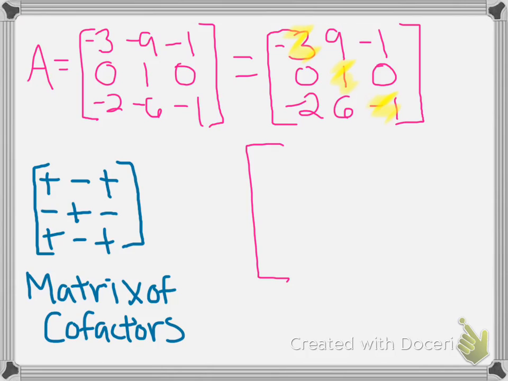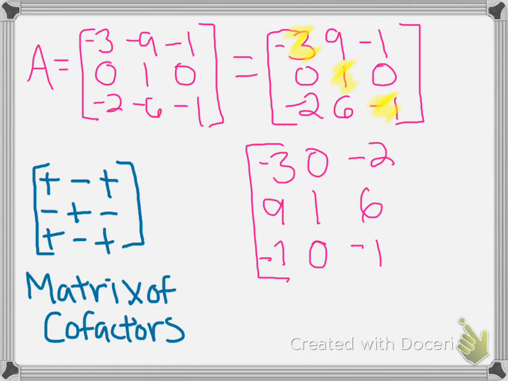So it would look like this. -3, 0 and 9 switch, 1, -1 and 2 switch, 6 and 0 switch, and -1 stays the same. So that is the adjoint for A.